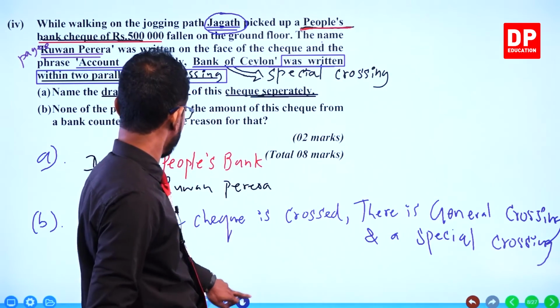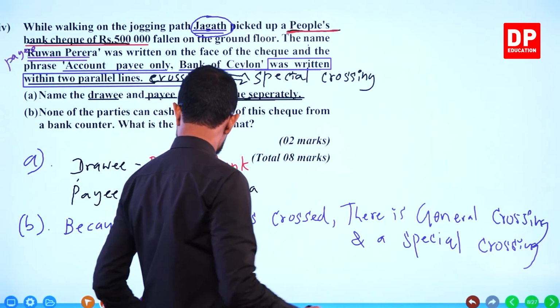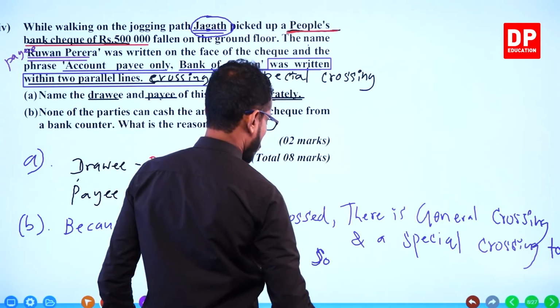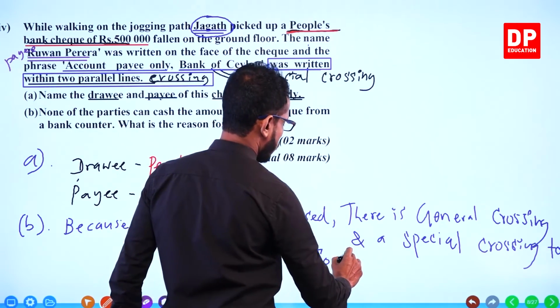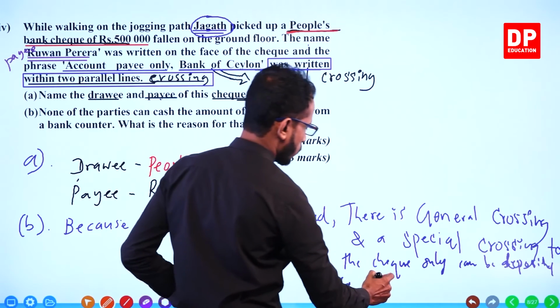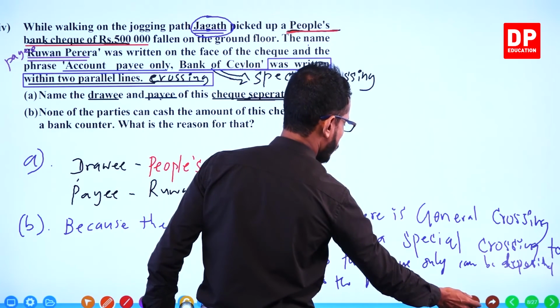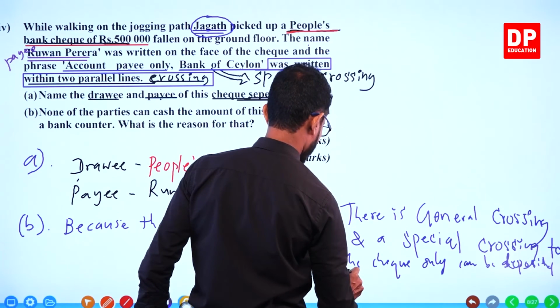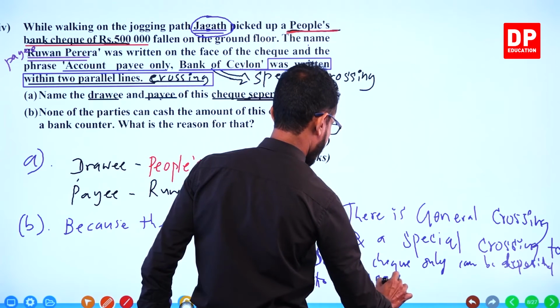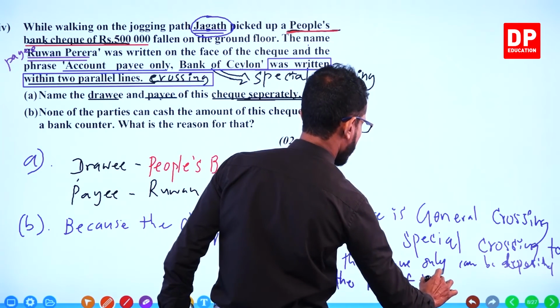So you can write: the check can only be deposited to the account of the payee.